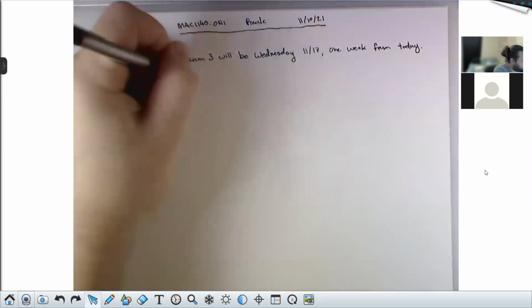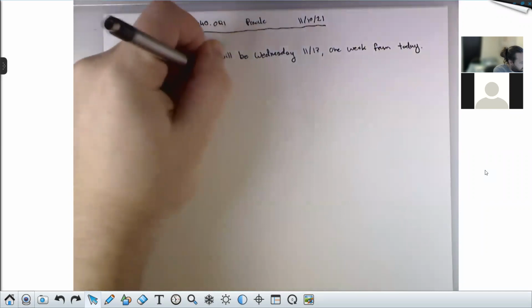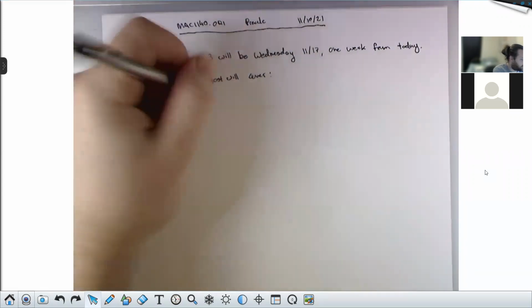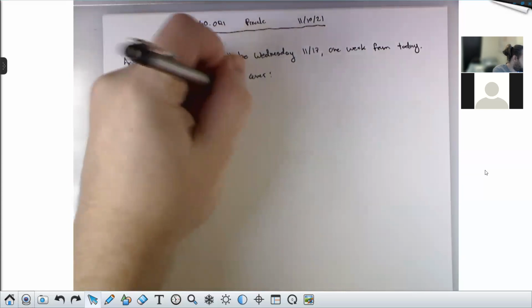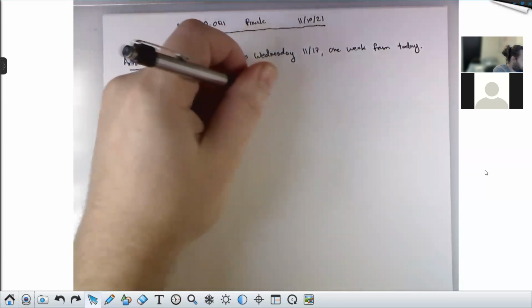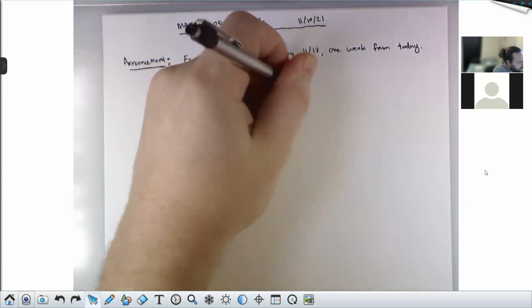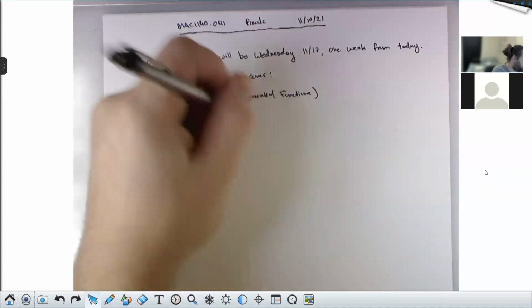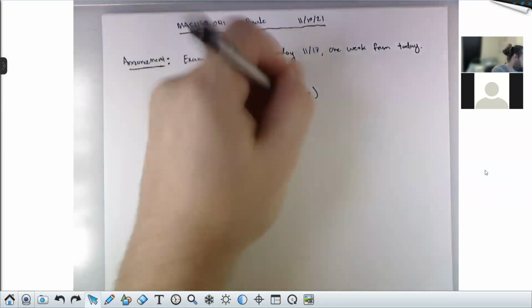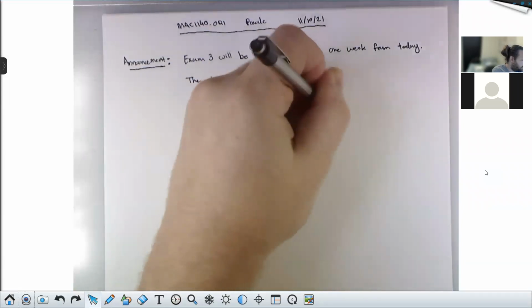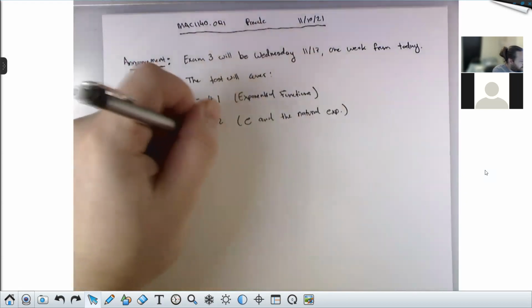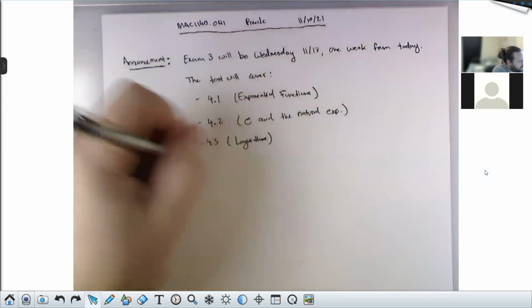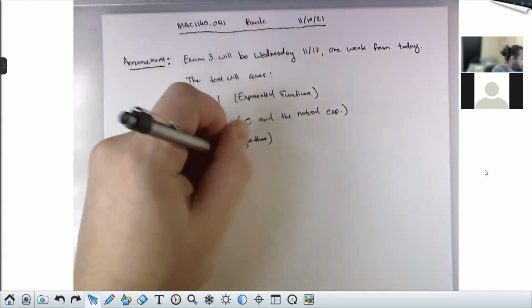It will cover exactly what you think it would. 4.1 on exponentials. 4.2 on the natural exponential and the number e. 4.3 on logarithms. 4.4 on log laws.